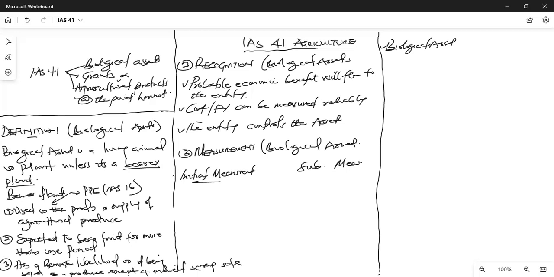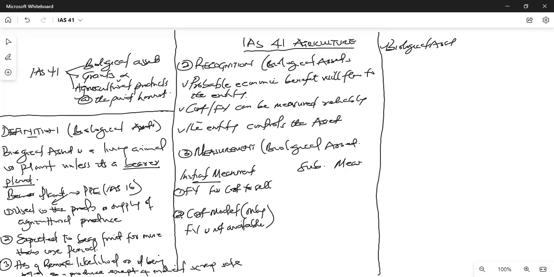All right, fair value less cost to sell. So that is the priority, the default one. Now, if there is no fair value available, then it means that we need to apply the cost model. But the cost model is applied only when the fair value is not available. All right, only when there is no fair value.